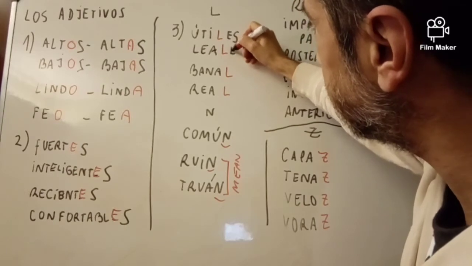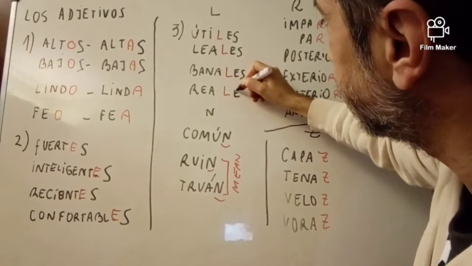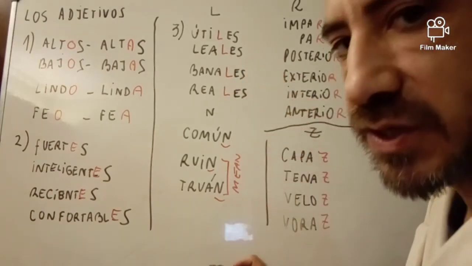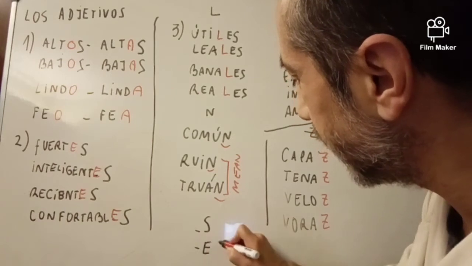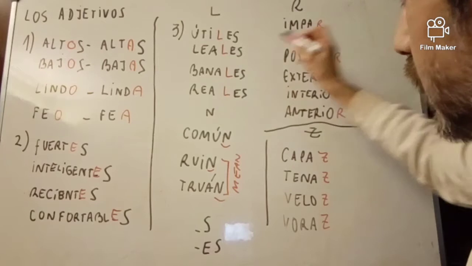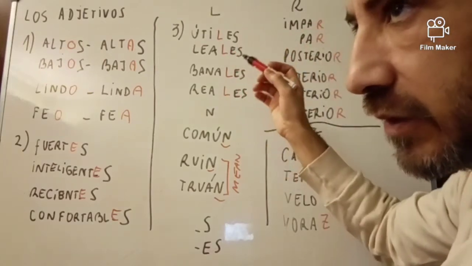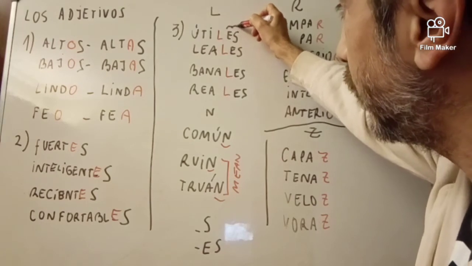Útiles, leales, banales, reales. Do you remember the two endings for the plural? In these cases, as we don't have a vowel ending the word, we have to add the E together with the S.